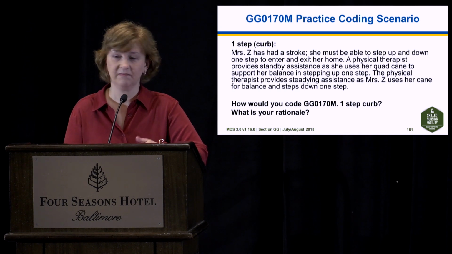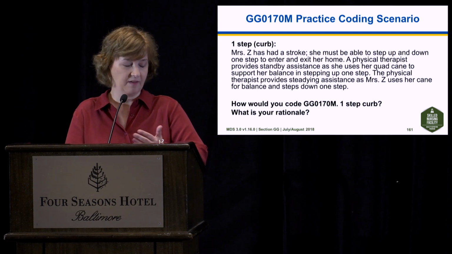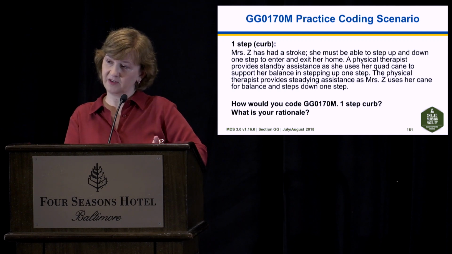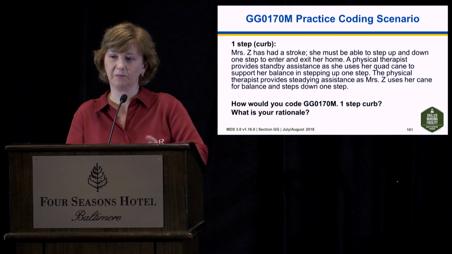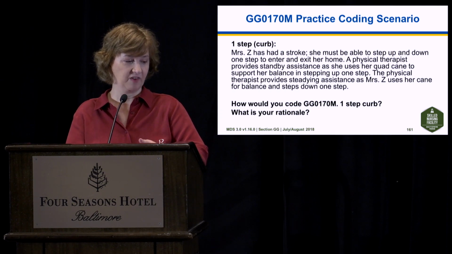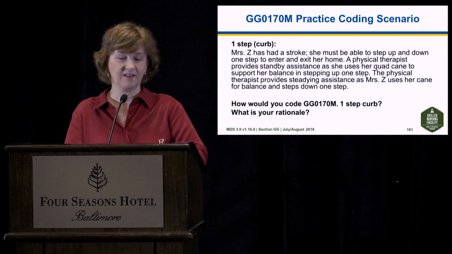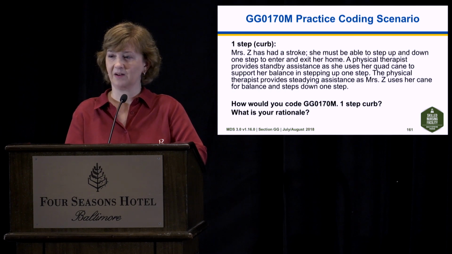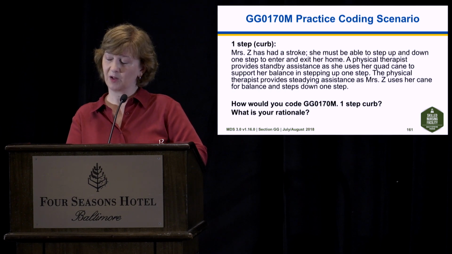So again, this talks about somebody who has obviously a goal to be able to go up and down at least one step. The assessment for stairs probably happening in therapy more than on the nursing unit. And so in this instance, we do have the physical therapist assessing this. Standby assistance means that somebody's watching over close by.